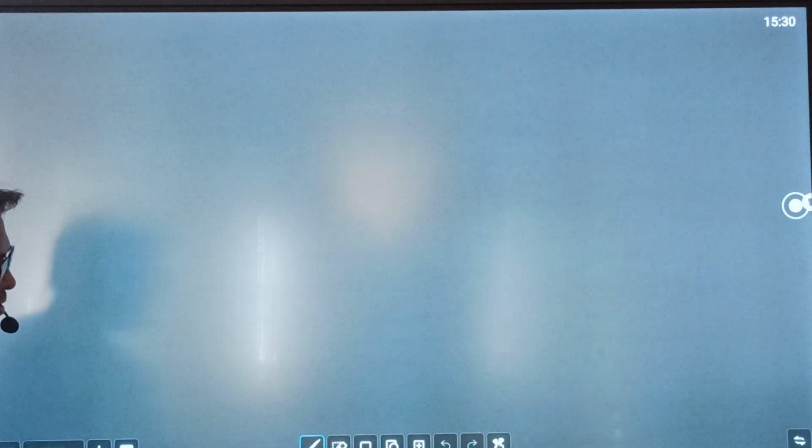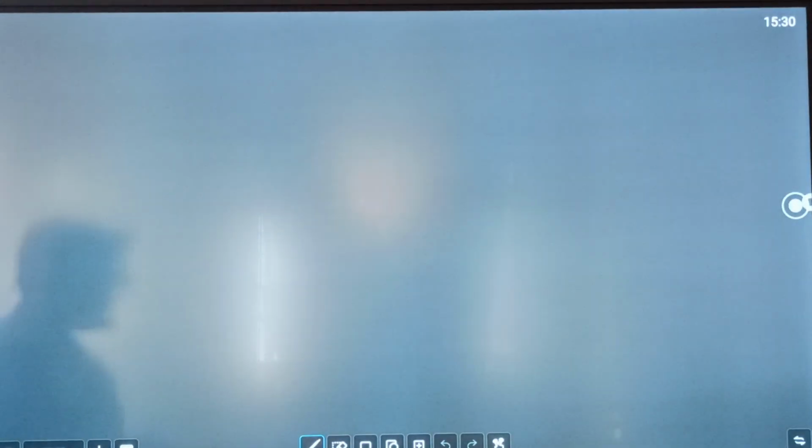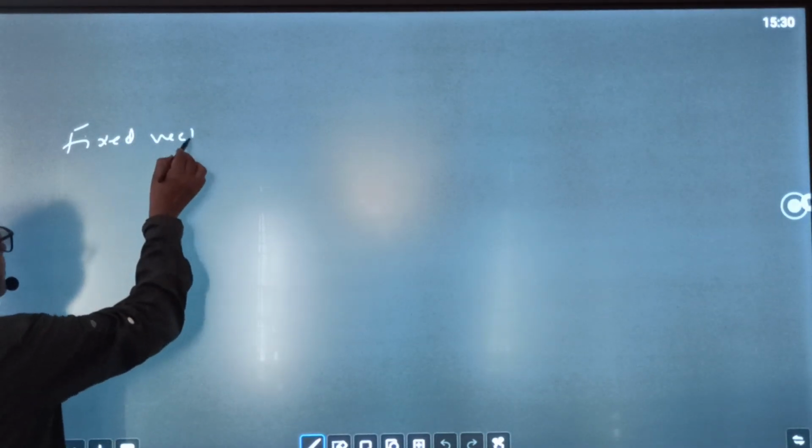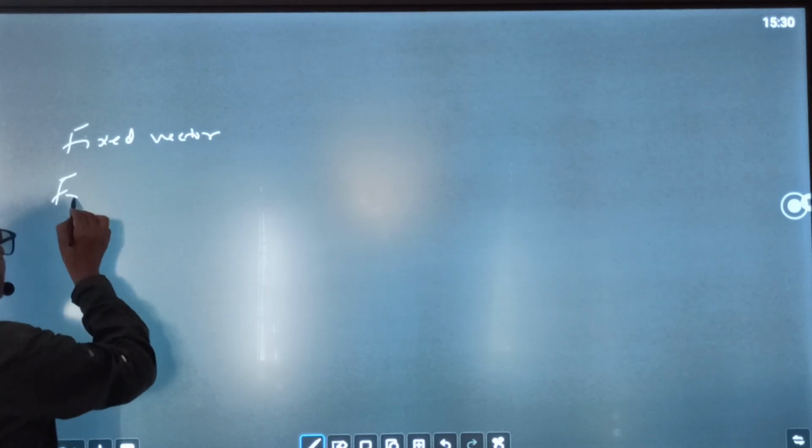Now we will move to next topic. So we have discussed two types of vector, that is position vector and displacement vector, and also about triangle law. Right? Now as I told you, there are two types of vector, fixed vector and free vectors.